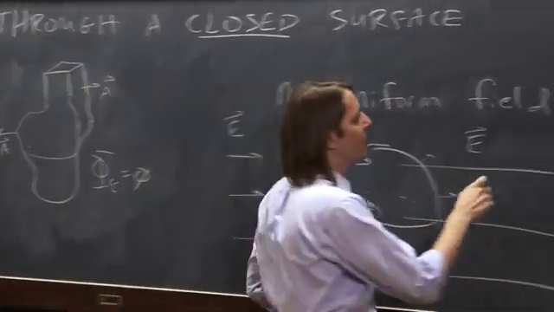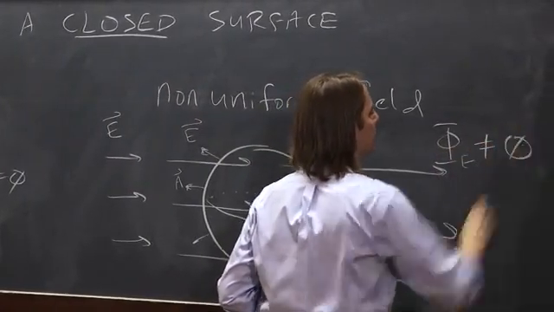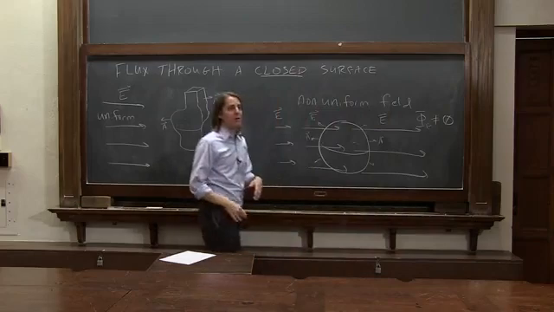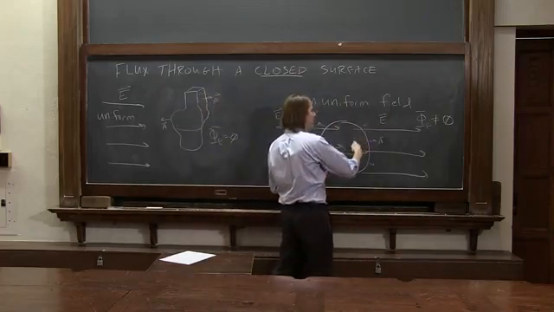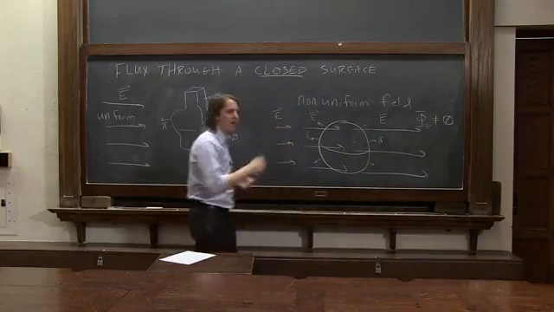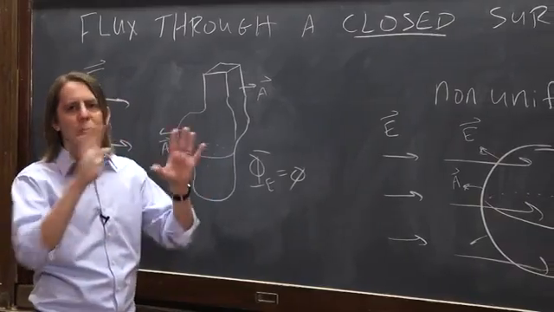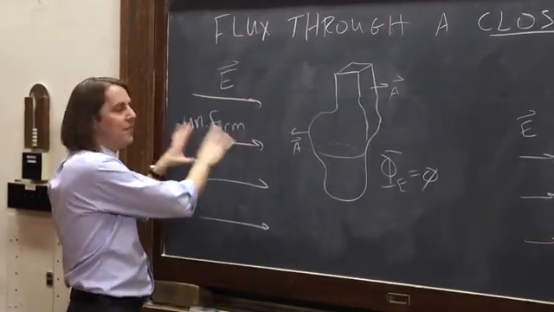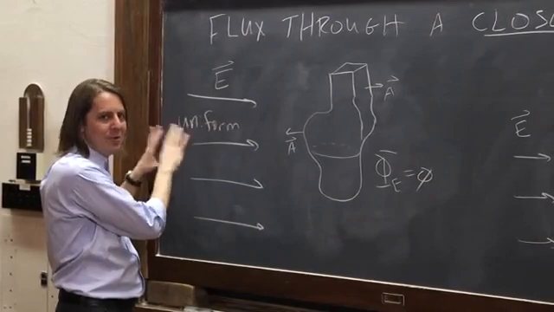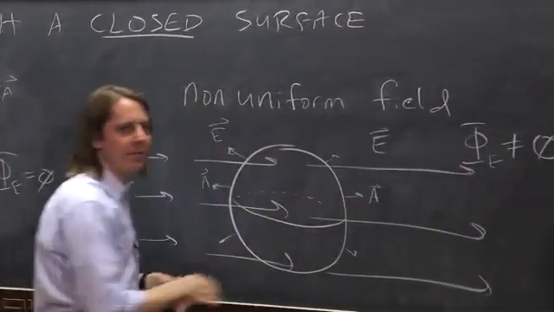So in this case, through a closed surface, phi E does not equal 0. The way I've drawn it here, it would be a positive flux because we have bigger field magnitude on that side where the area points in the same direction. If you want rules to memorize, closed surfaces always have 0 flux if the field is uniform, and the field will not always be uniform. They can have a net flux if the field varies in space.